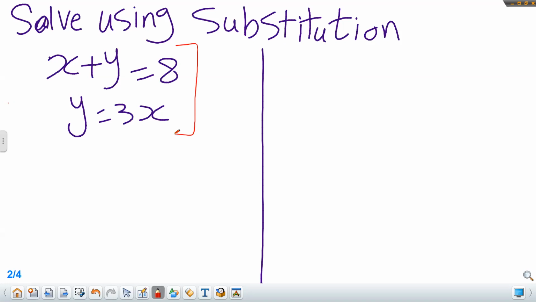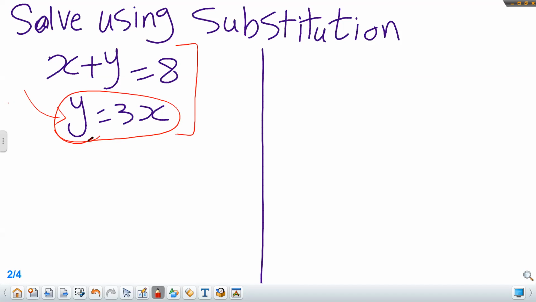First, you must select one of the two equations in which y or x is individual on a side. I think the second equation is ready for replacement. So I can take y equals 3x and replace it in the first equation.